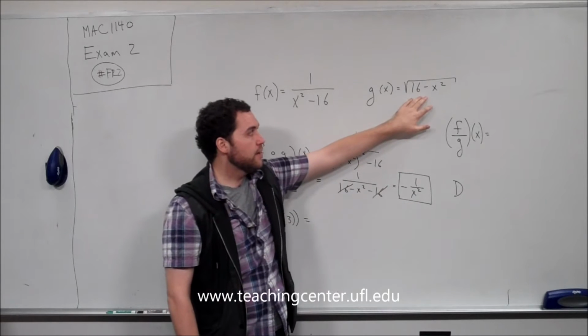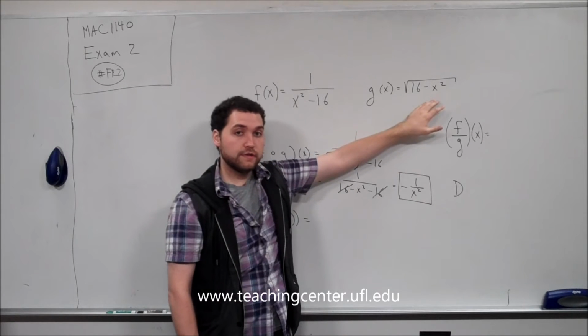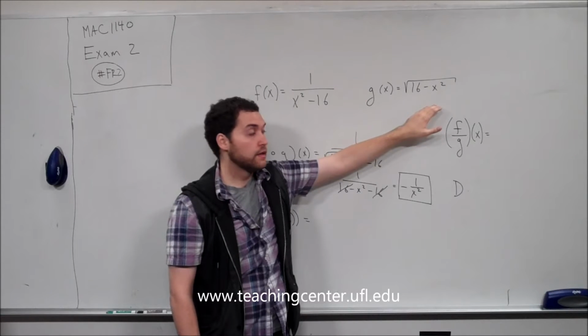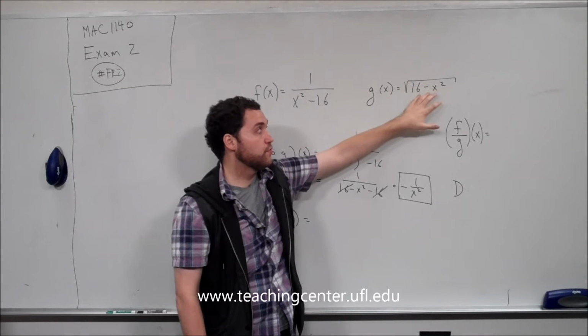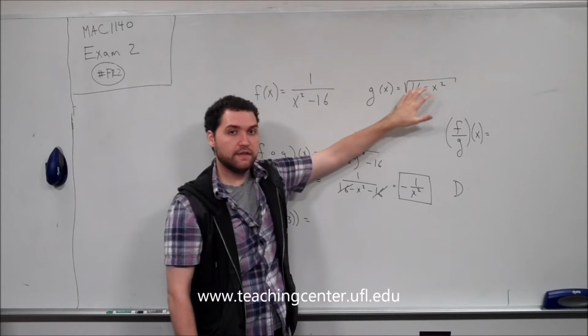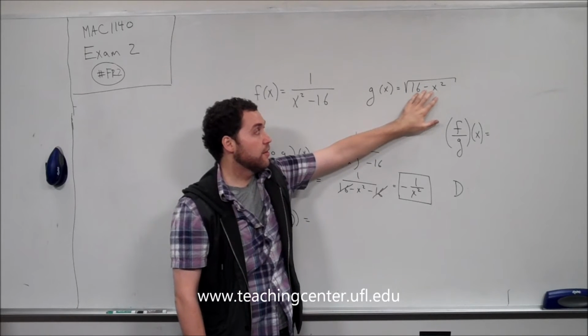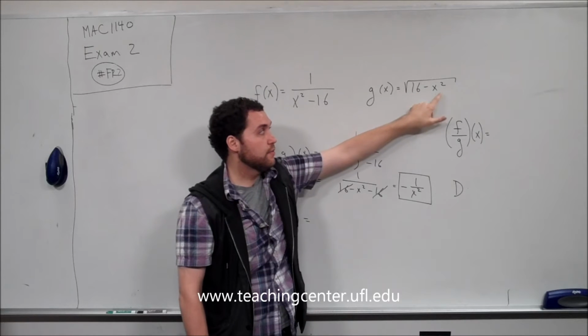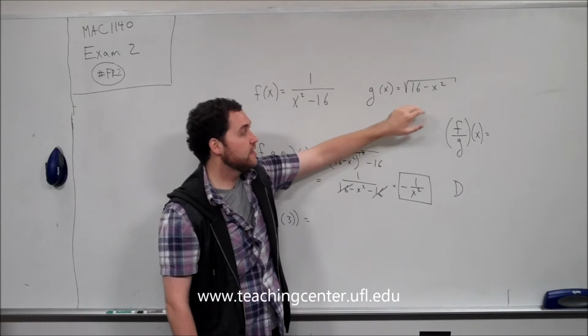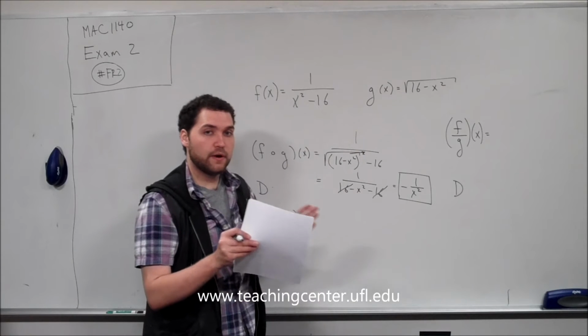And up top here, you don't want to be any larger than 4 or any smaller than negative 4. Because essentially, the domain of this is just wherever the inside of the radical doesn't equal a negative number. So you can set this up, say when is 16 minus x squared greater than or equal to 0, and you'll find out that you're trapped in between negative 4 and positive 4.